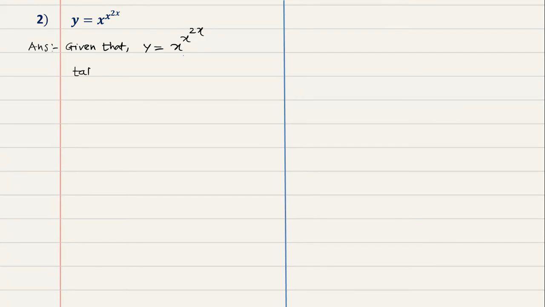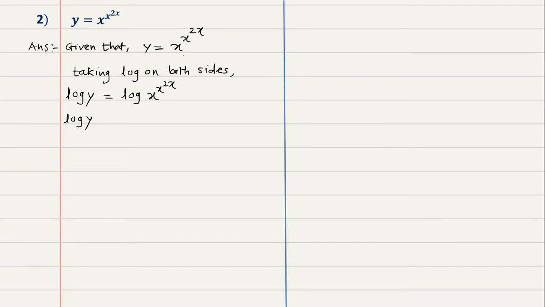So taking log on both sides, again taking log on both sides. So you have to write like this, taking log on both sides. What will you get? Left hand side is always log y. Log y is equal to log of x raised to 2x. Now what will you get after this?